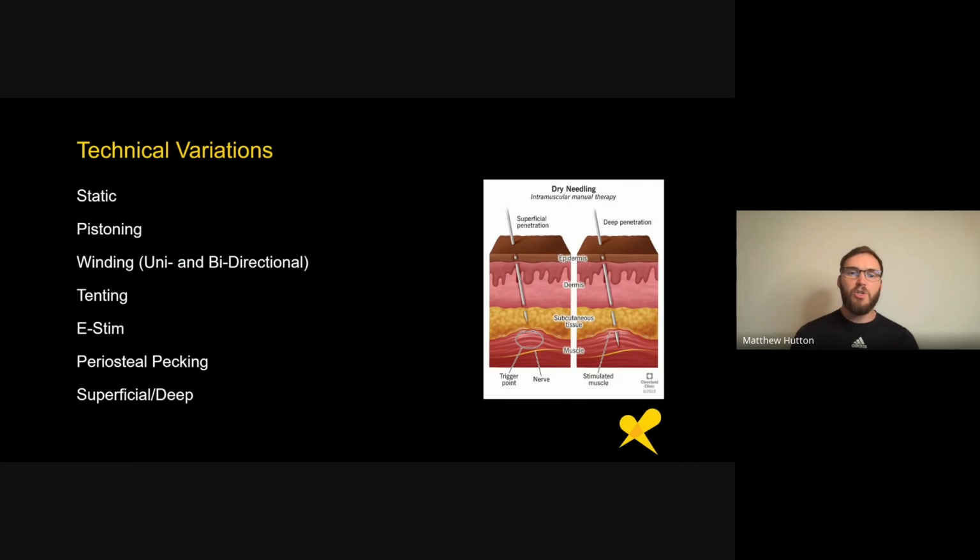If you're trying to strengthen the bone or the connective tissue, the periosteal pecking can be a more effective approach.